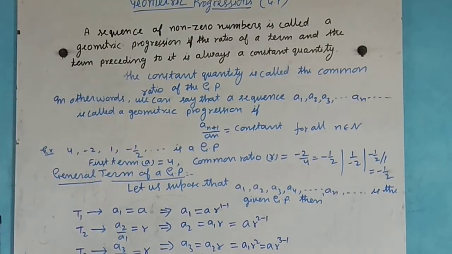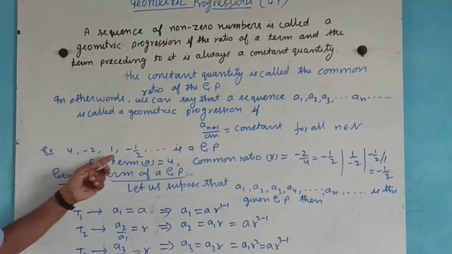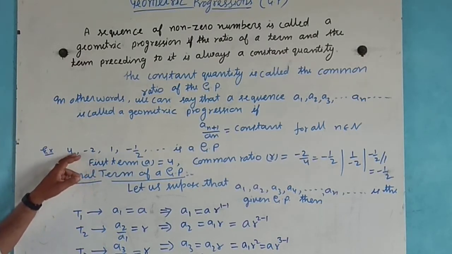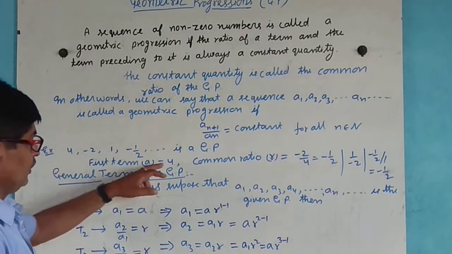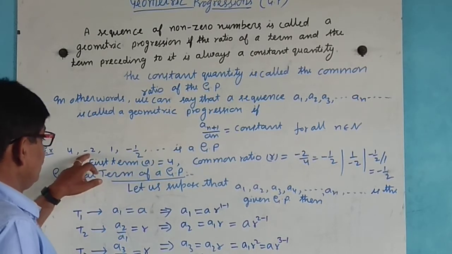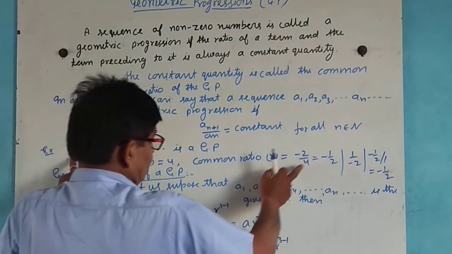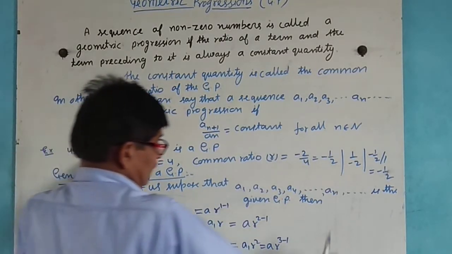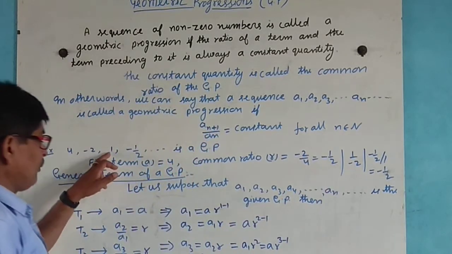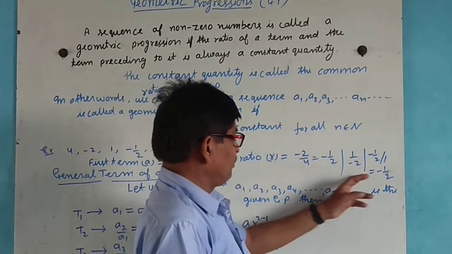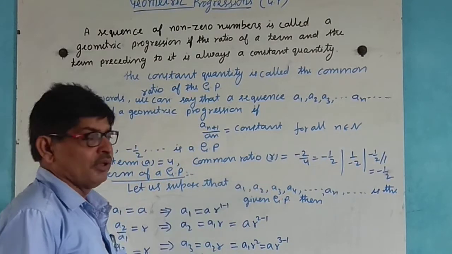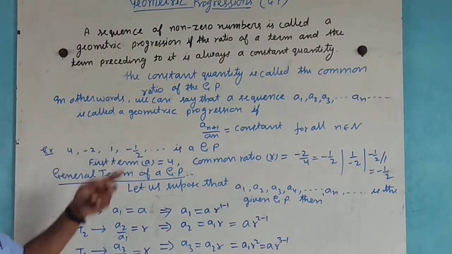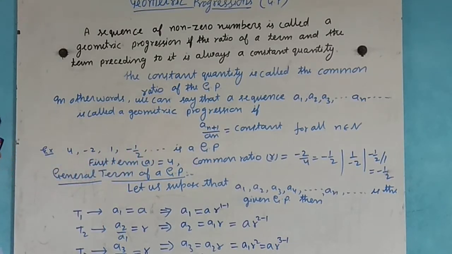We take one example: 4, minus 2, 1, minus half is a GP because in this case the first term A is equal to 4 and the common ratio is minus 2 by 4, that is minus half; 1 by minus 2, that is minus half; minus half by 1, that is minus half. It means the common ratio is the same, so this sequence is called a geometric progression.